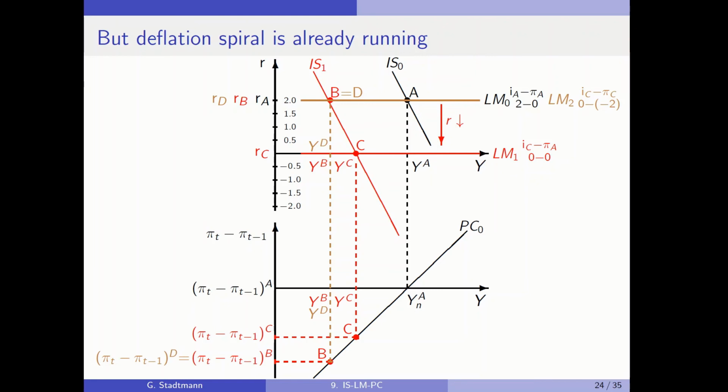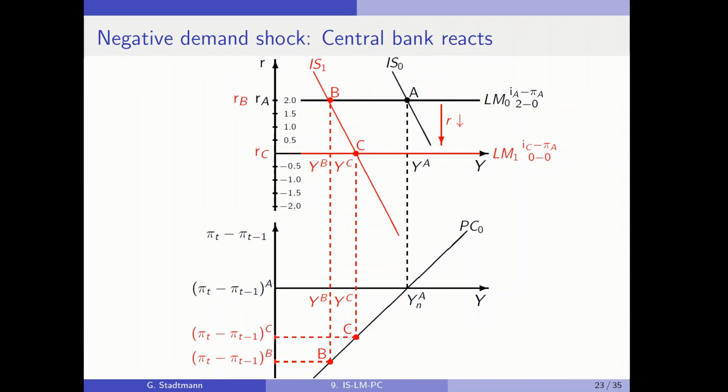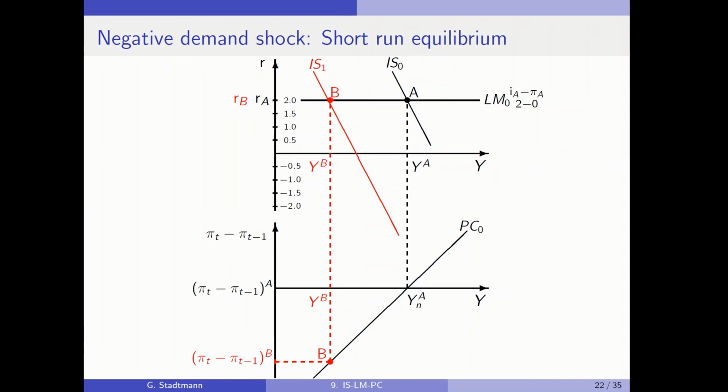The central bank cannot fire because in scenario D, the nominal interest rate is at the level of 0%. The big problem is that the deflation spiral is already running, and the only possibility for the central bank to stop it is to react fast.